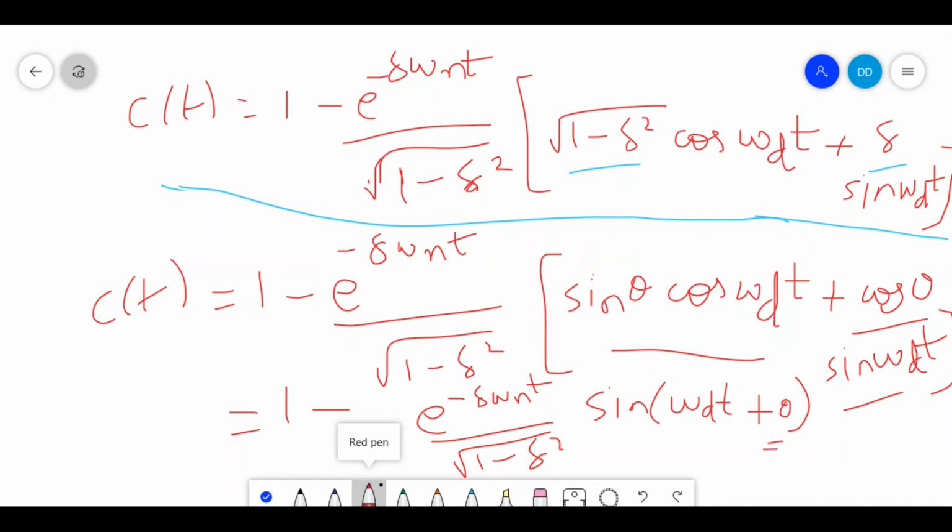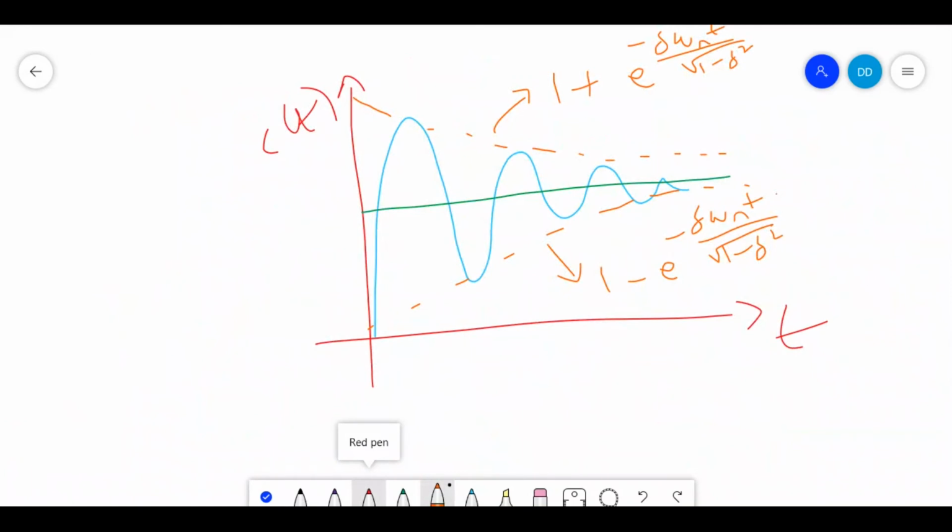So this theta value we can write as theta is tan inverse of root 1 minus delta square by delta. We can substitute it here for t greater than or equal to 0. So our response will be of this kind, where the oscillations are reducing.